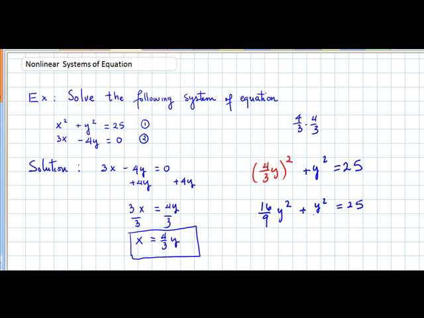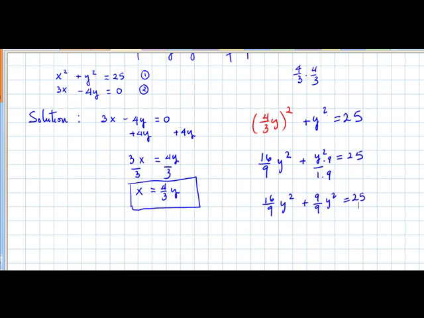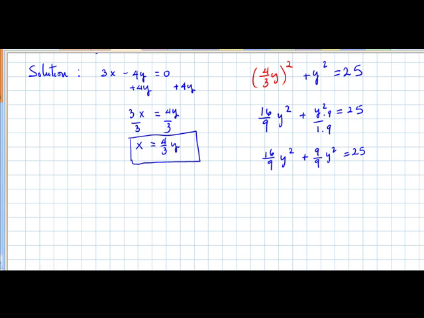Our LCD here is 9, so I put 1 here, and I multiply by 9 here, so I have 16 over 9 y squared plus 9 over 9 y squared equal to 25. I'm going to add the two together, and we have 25 over 9 y squared equal to 25. Okay, 16 plus 9 is 25, and I keep my common denominator.